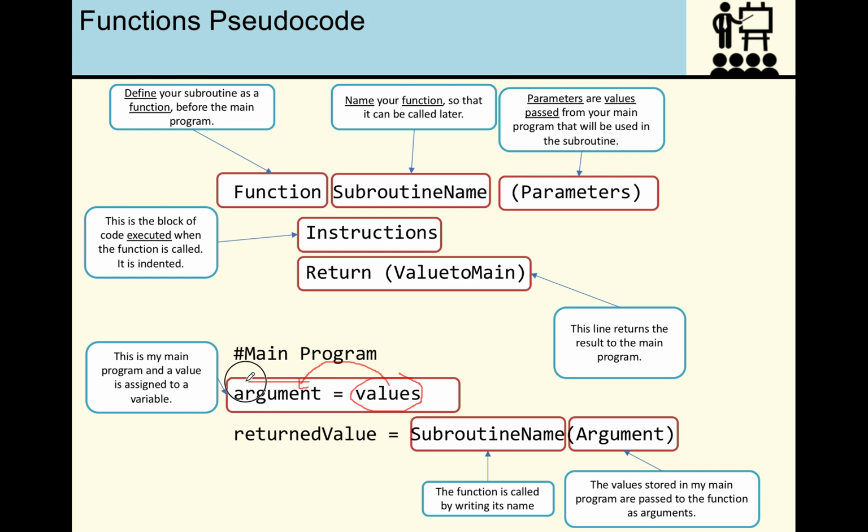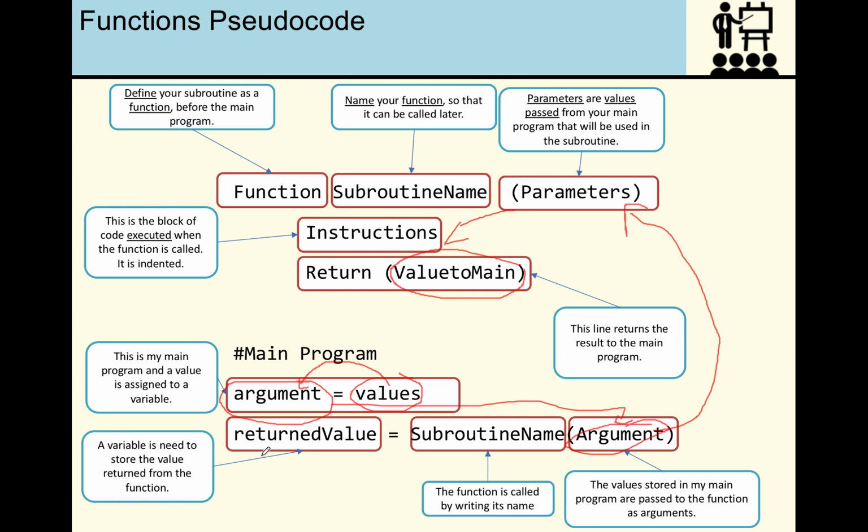Whatever is stored inside argument is held here, where I'm about to call my subroutine, and these values are going to be passed up into my parameters. So my argument is passed to my subroutine as parameters, and then these values are used inside my subroutine. Once my subroutine is finished, I need to return a value to main.